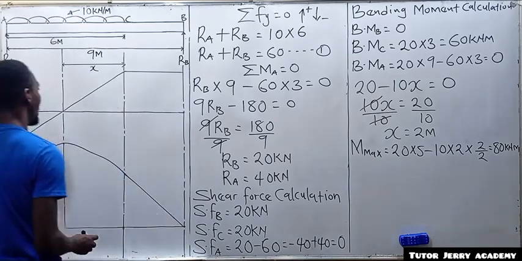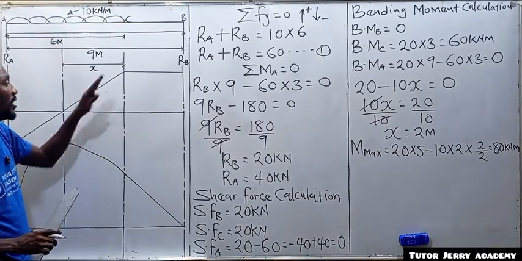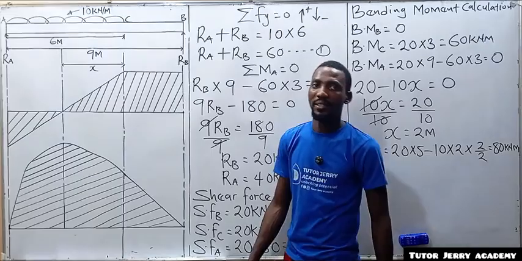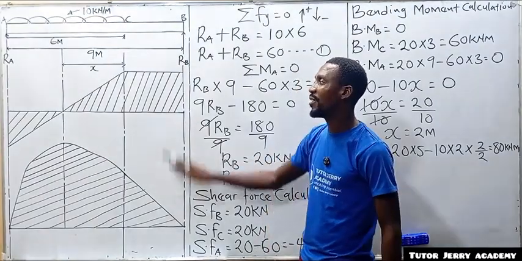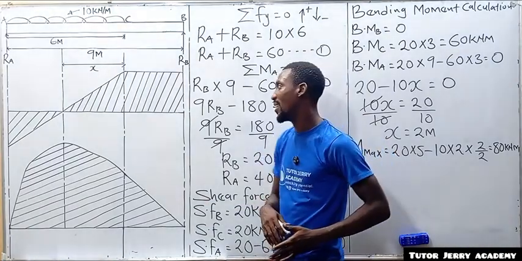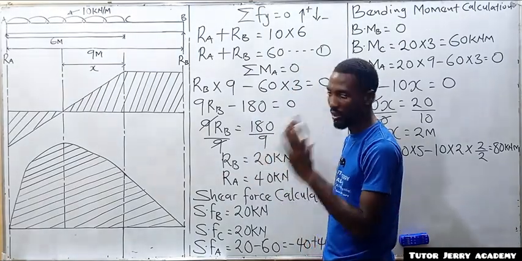All right, so that is it. So the next thing we are going to do now is to shade the diagram so that our diagram will come out well. All right, so here is our shear force diagram and below is our bending moment diagram. I believe the question is well simplified and well understood.